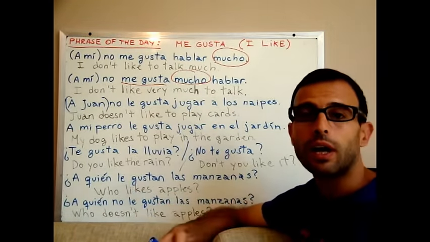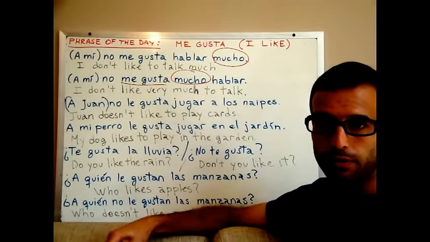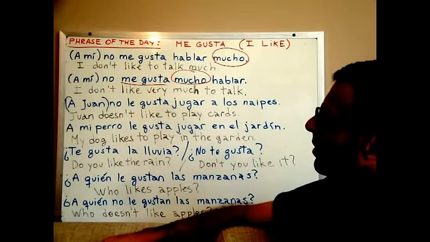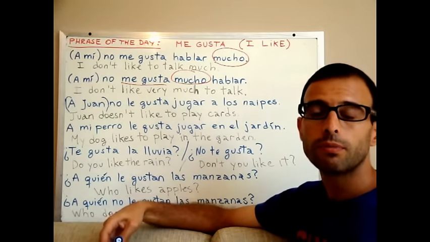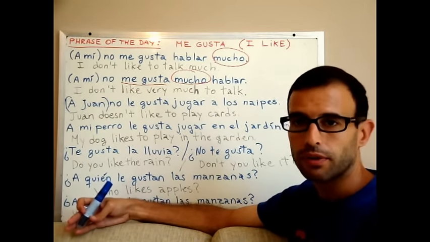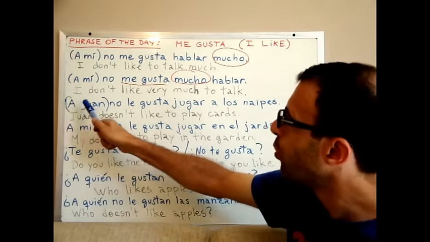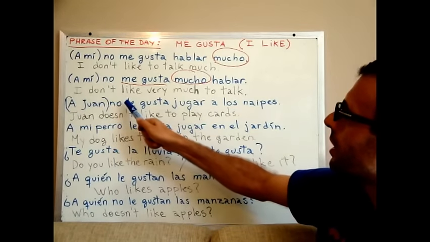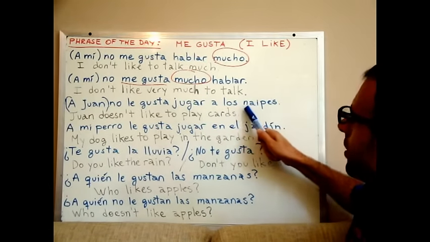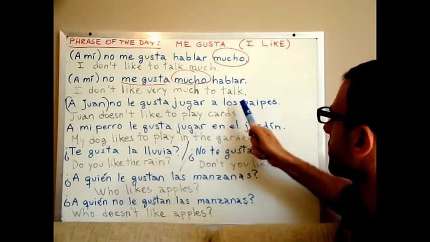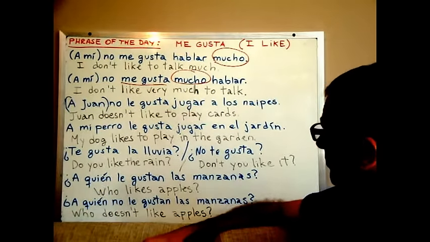But then we are omitting a piece of information, the name of the person who does not like to play cards, okay? It's like saying Juan doesn't like to play cards, or simply he doesn't like to play cards. Word by word it means to Juan not himself like to play at the cards.